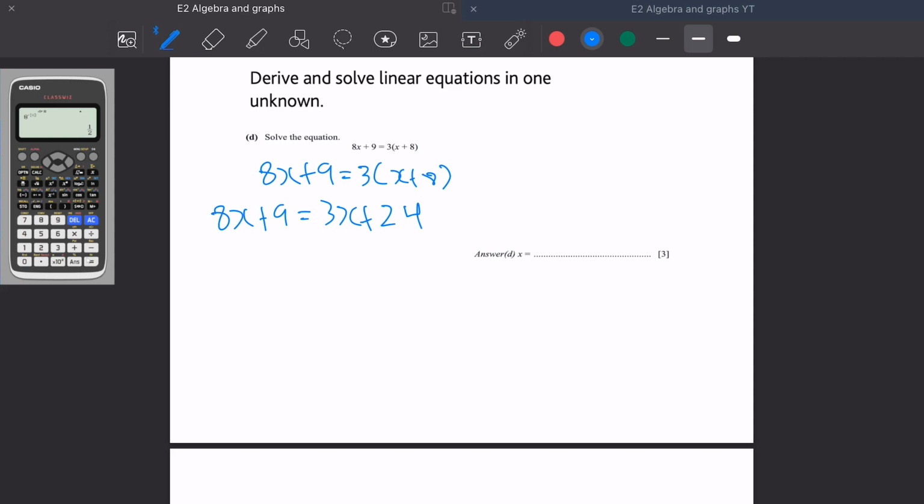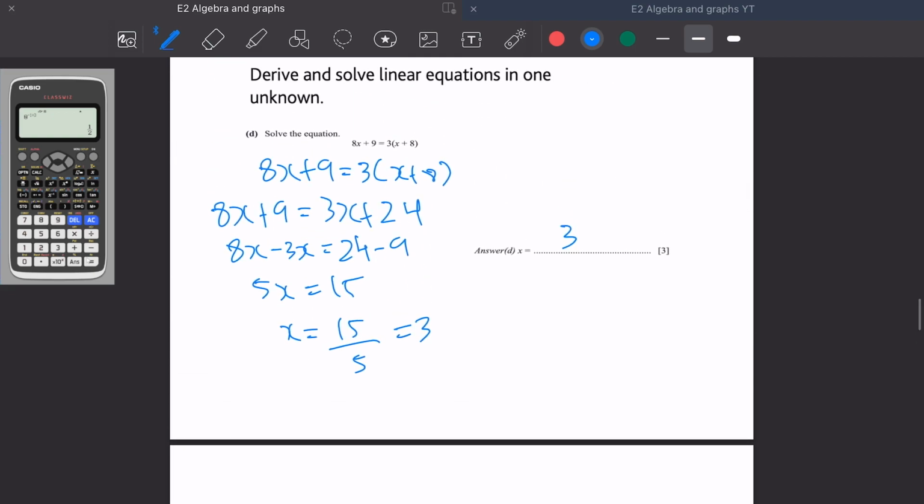Now we have to bring the variables on one side, so 8x minus 3x, and the constants on the other side, 24 minus 9. This becomes 5x equal to 15. x is 15 by 5, which is 3.